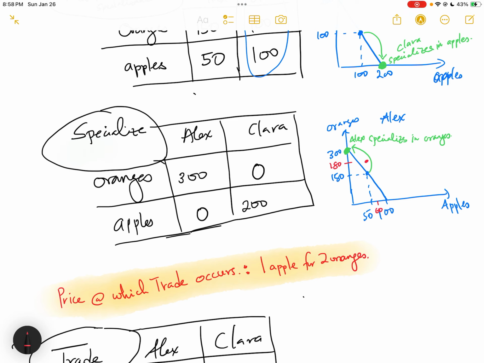Now, do you notice how that is outside the PPF? Yeah. So in red, that is a trade. Trade sets Alex outside, a previously unattainable point.